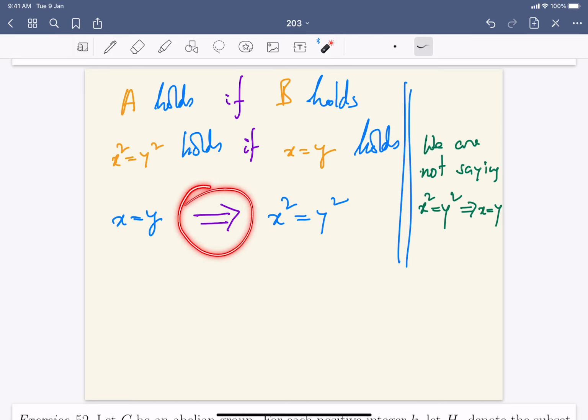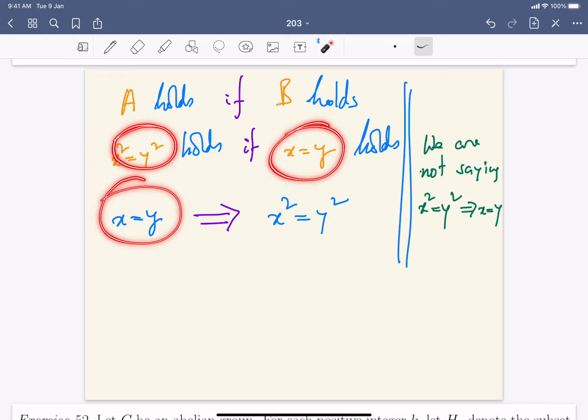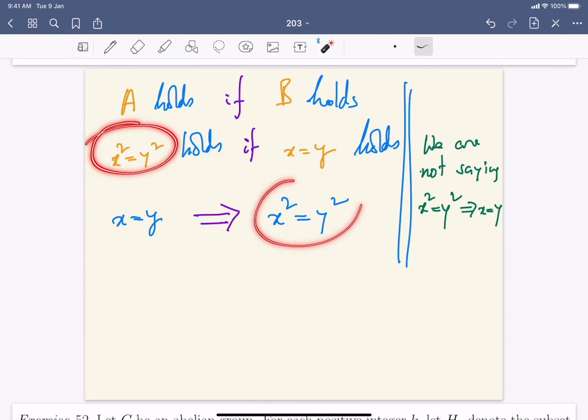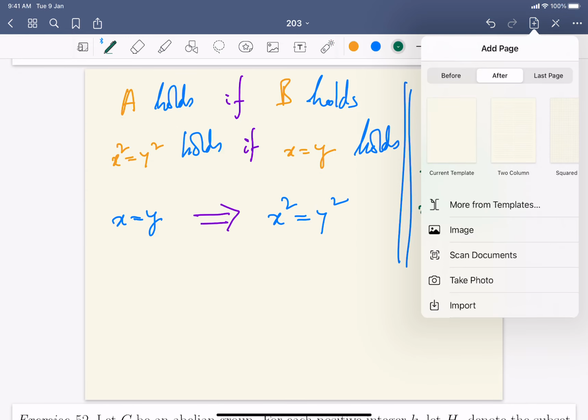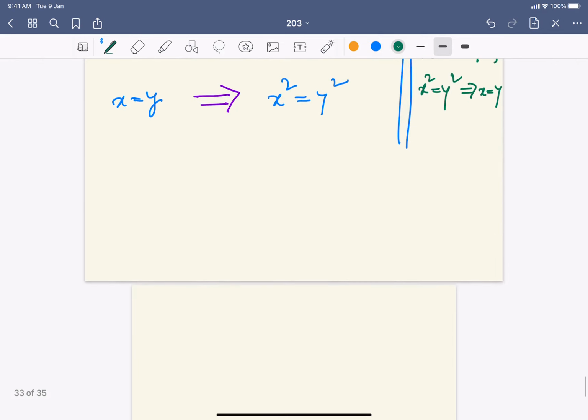So this is not a shorthand for if, because we have just reversed the order. We put x equal to y first, and the conclusion x square equal to y square next to it. Anyway, you have understood the meaning of if, as you are already familiar.